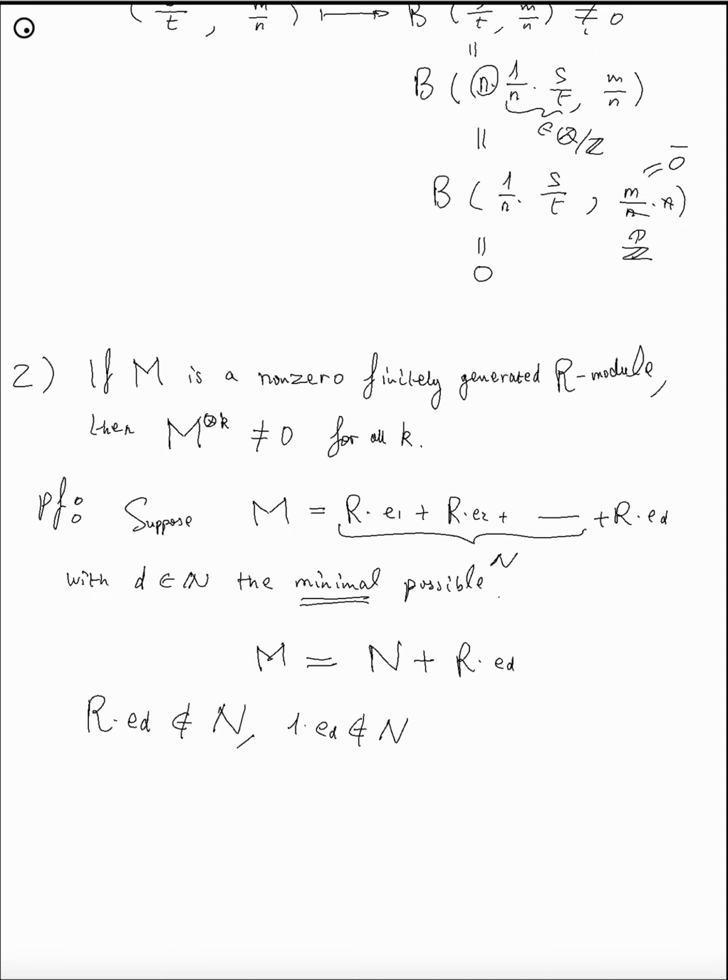So we define the ideal I of elements r such that r times ed is contained in N, so obviously 1 is not there, and one checks this is an ideal because addition is there and it's closed under multiplication because N is a submodule.